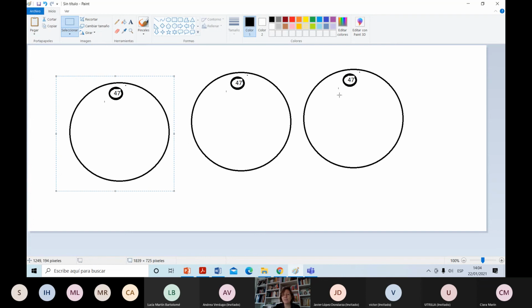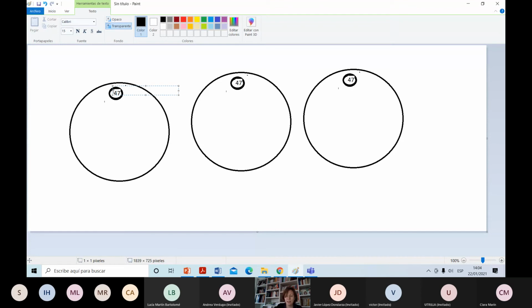And then after fertilizing several ovules, if one of them, instead of 47, is 46, what do you think is the embryo that they are going to set in your uterus?